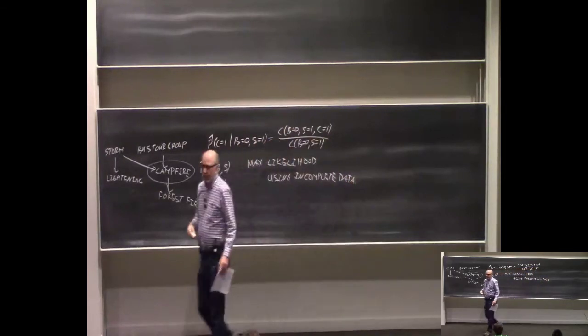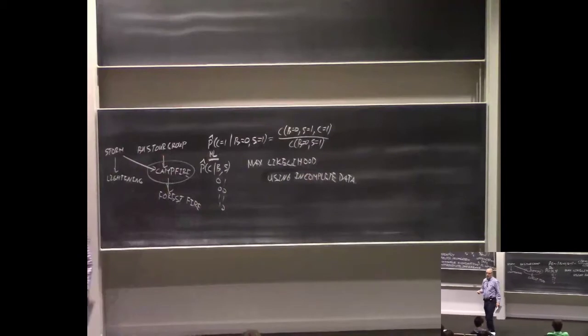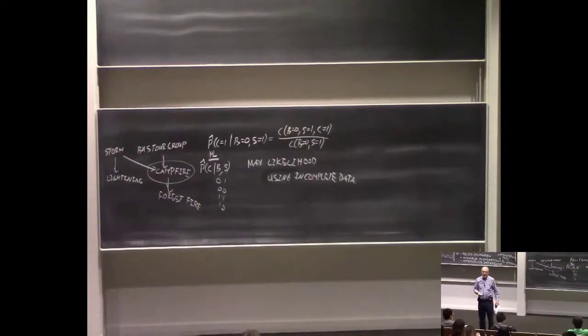We didn't discuss how to do that. We're going to discuss how to do that in one of the remaining lectures. There is a family of algorithms that are meant especially for this situation. They're called EM algorithms.